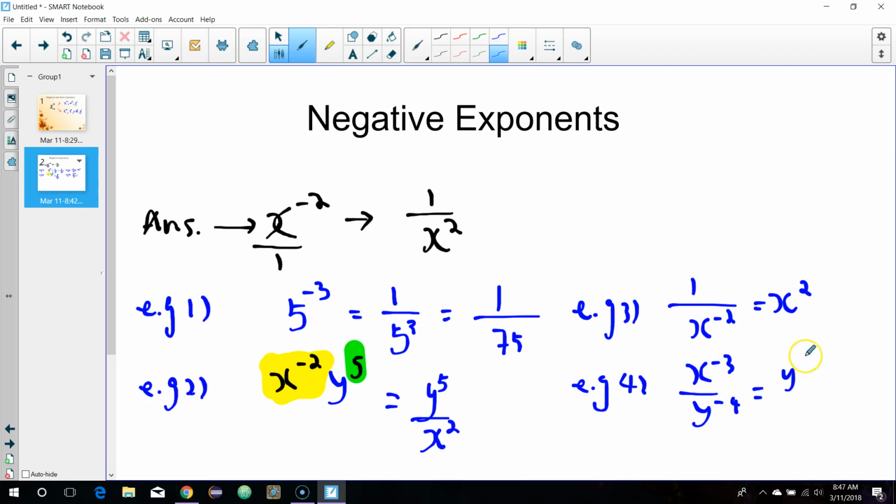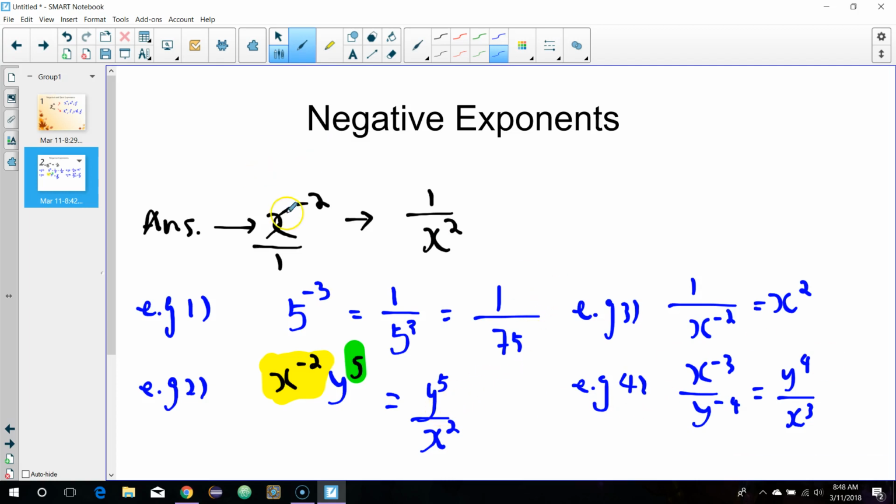So it becomes y to the power of 4 over x to the power of 3. Alright, so if you see the negative, you are going to switch the location. Just keep in mind, when we did the slope, the negative reciprocal thing, the reciprocal is just the same idea. You are going to switch the location of that variable.